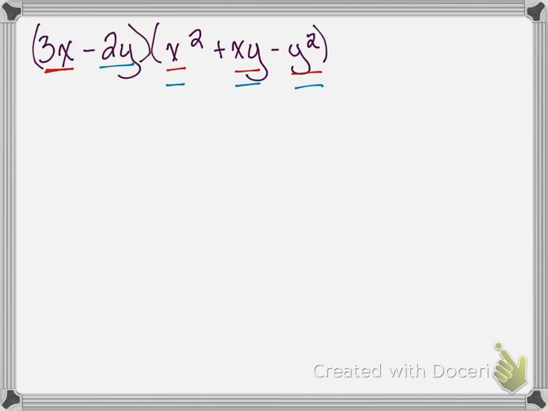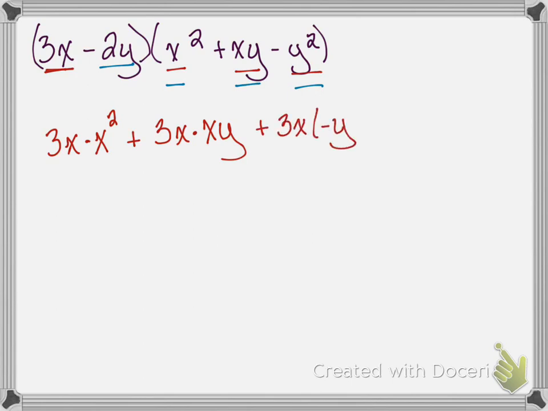So here we go. I have 3x times x squared. Then I have 3x times xy. And then I have 3x times -y squared. Okay, now I'm going to multiply -2y times everything.